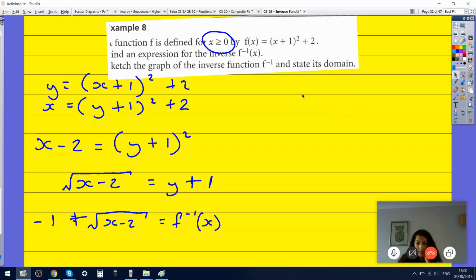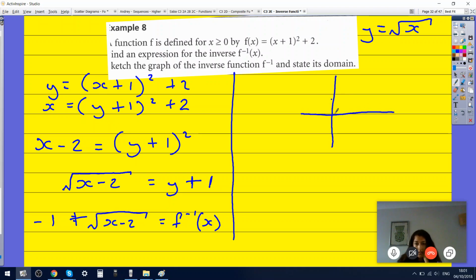They want us to sketch the graph. How do we do that? Would you know the graph of y equals root x? No. So y equals root x looks something like that.